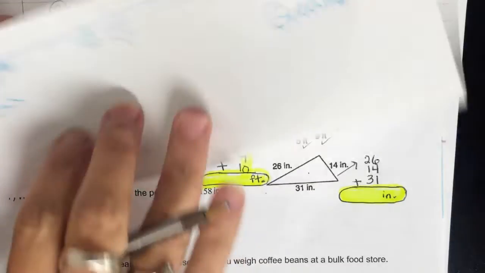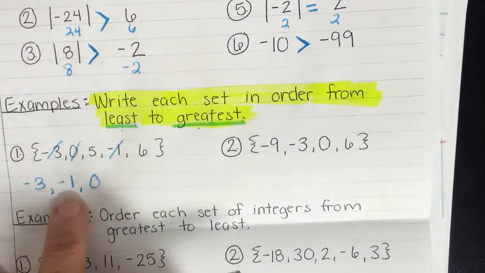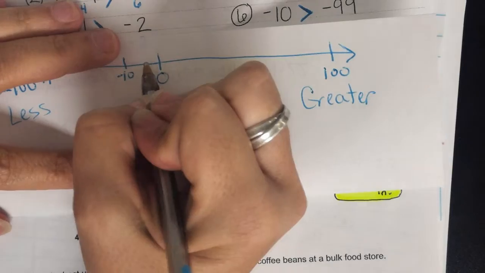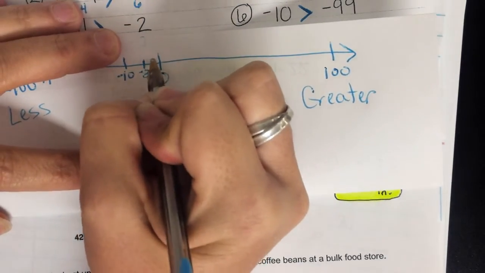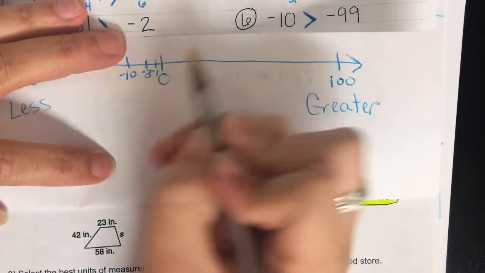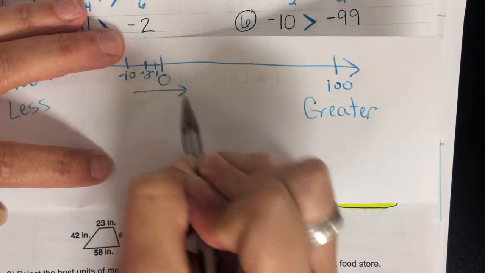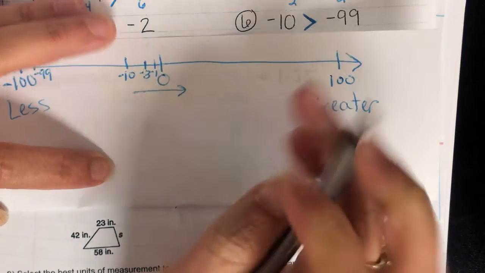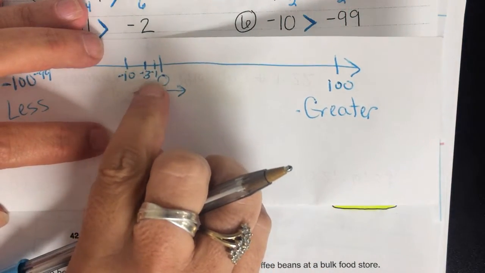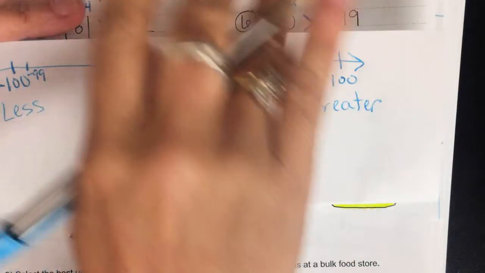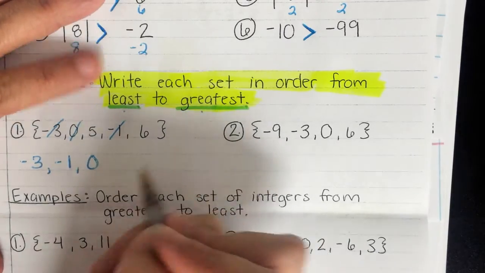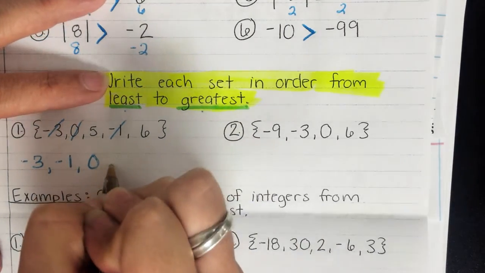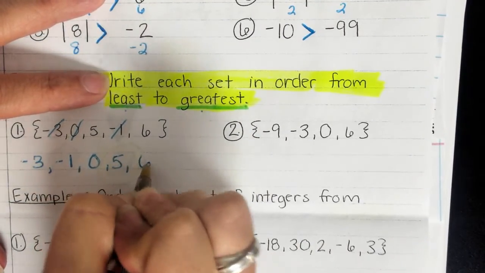So on this number line, -3 would be here, -1 would be here. As we go this way, it gets greater, bigger. So that's why it's smaller, then bigger, then bigger, that way. So the next number would be 5, and then 6.